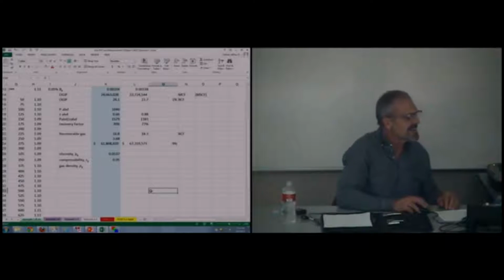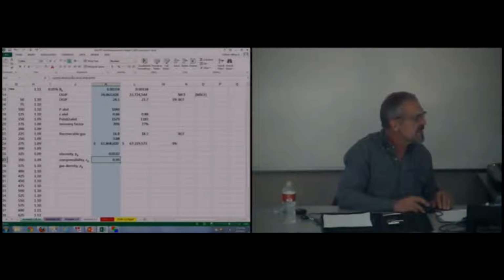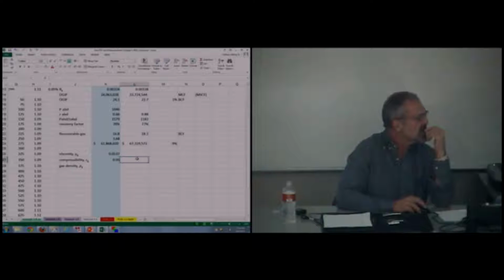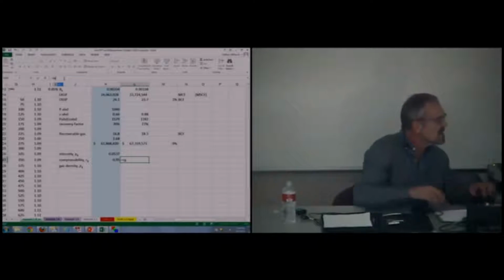Can you do that again? I'll do it again. So here's Z, right? I copied it down there, absolutely, so it had all the F4s, the dollar signs on all the numbers. Now I'm going to change that to compressibility, and let me check. I think that it's just CG.